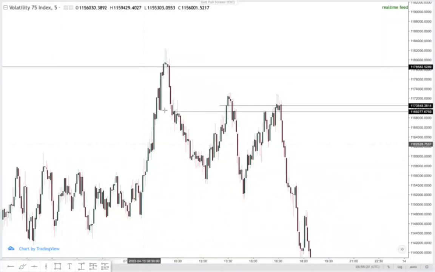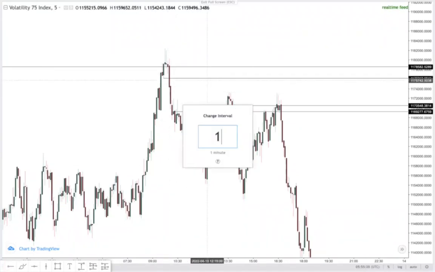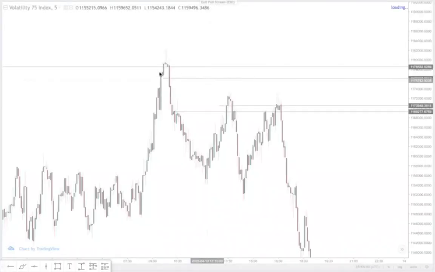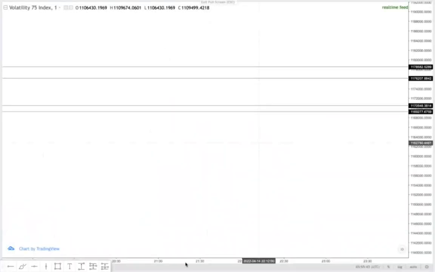And we also had a break and retest structure right here. Though you can see none of these were respected. Let's try to drop to a lower time frame.